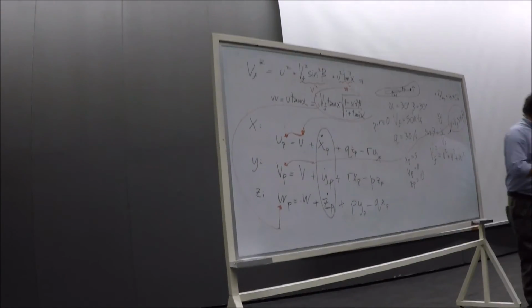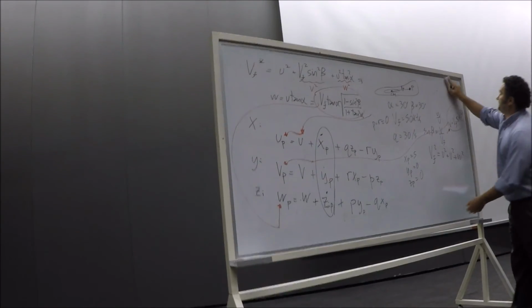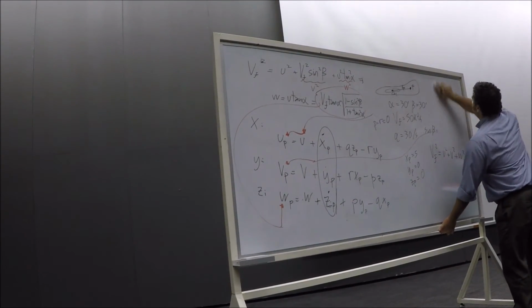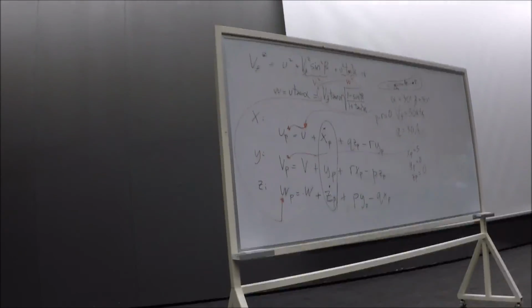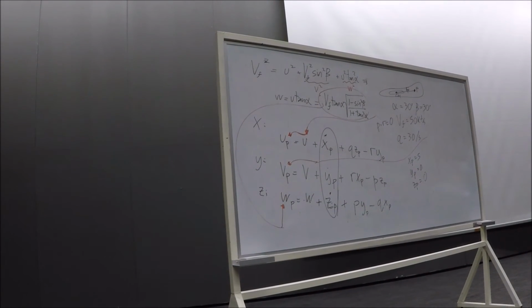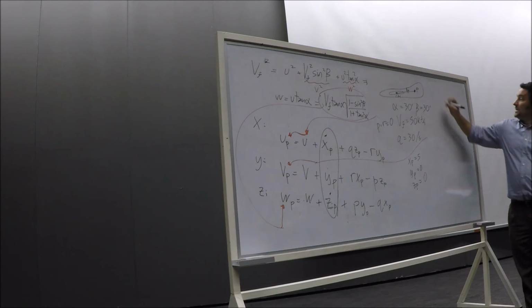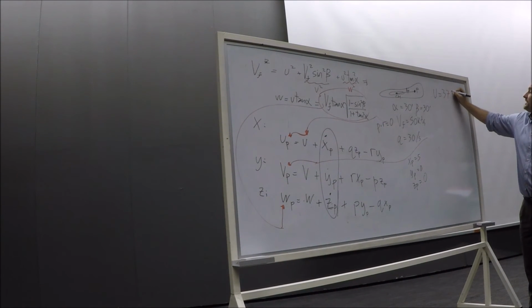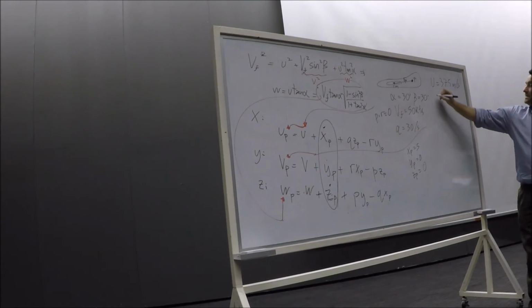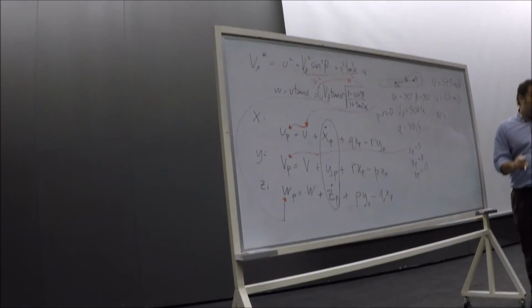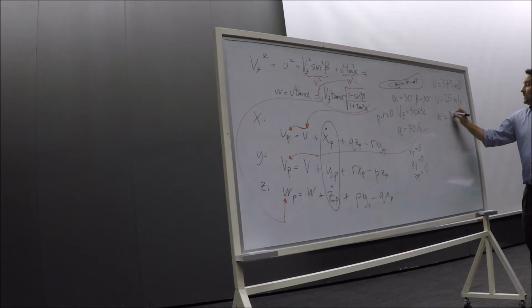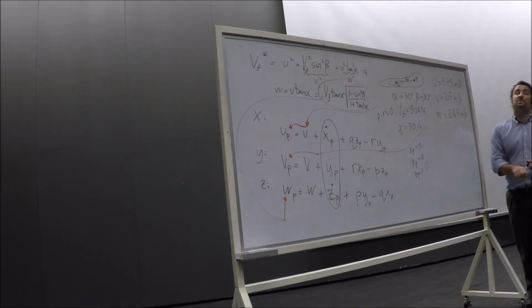Okay? And what you find is that U is equal to 37.5 meters per second, V is equal to 25 meters per second, and W is equal to 24.3 meters per second.